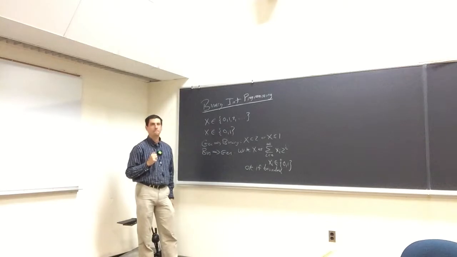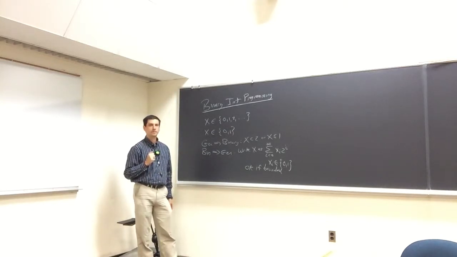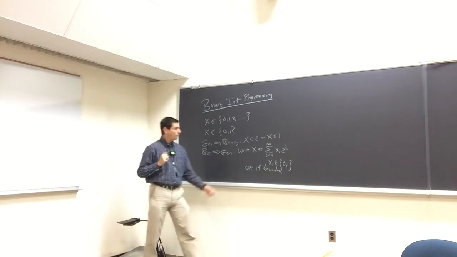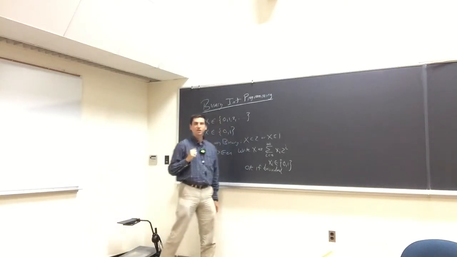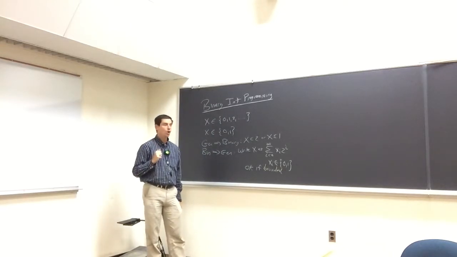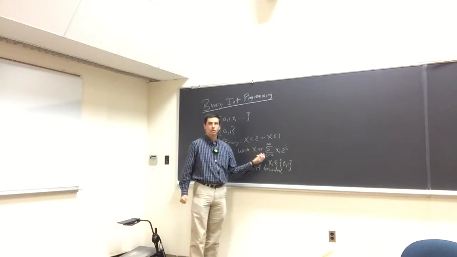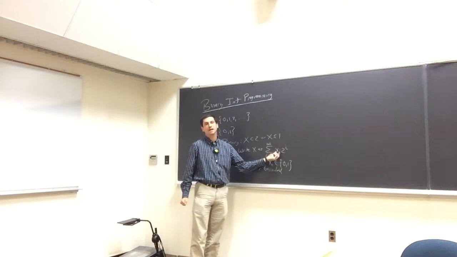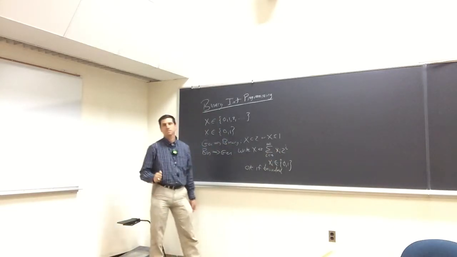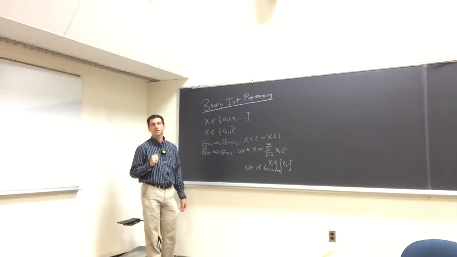Question? I just don't understand why it's important that the binary representation of the numbers be bounded, because the binary representation is a finite number. Right, but I want to know how many variables I have to play with. Right, but if you have an infinite variable, the binary representation is not finite, right?